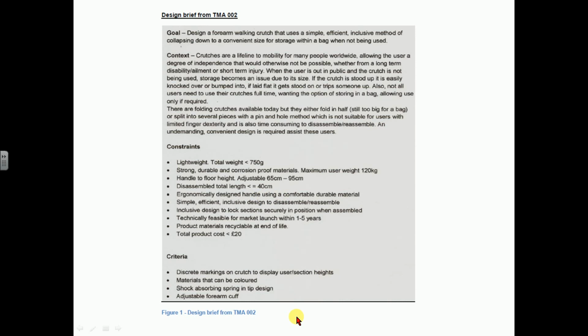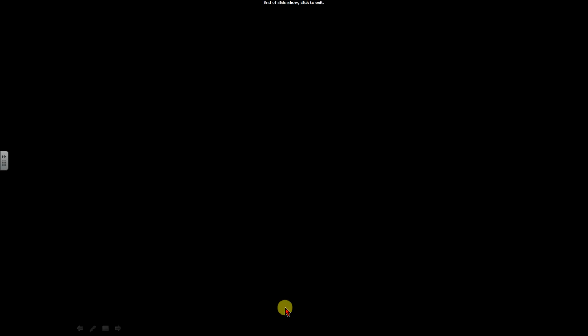Or you could, and this was quite cunning, a student actually incorporated it into their main body by taking a screenshot of their design brief and incorporating it into the main body of their TMA, and thereby avoiding the word count. So that was quite a clever technique, I thought.